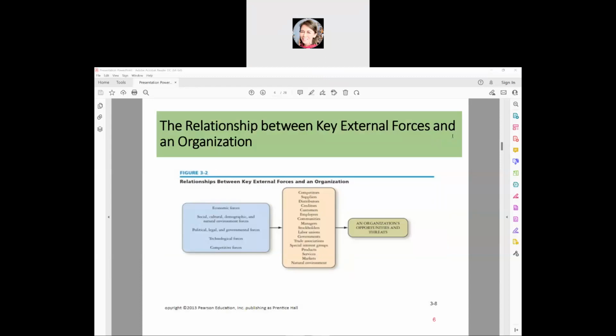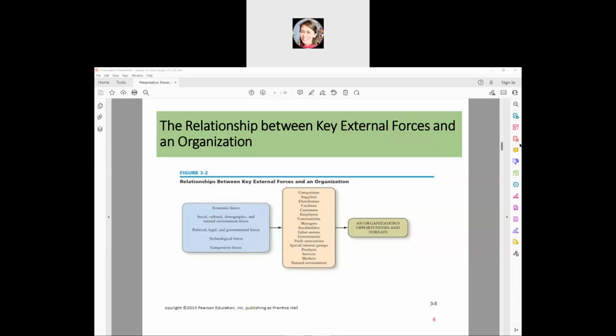Okay, now moving on to the next slide, which is the relationship between key external forces and an organization. This slide shows how an organization is affected by the external forces. We have discussed what the external forces are in the previous slide.